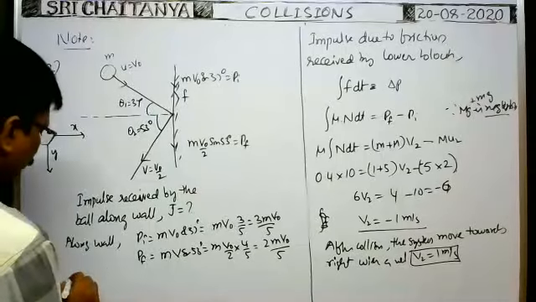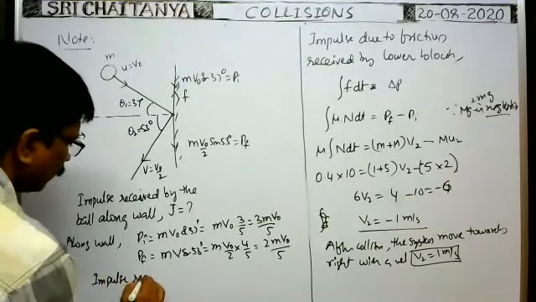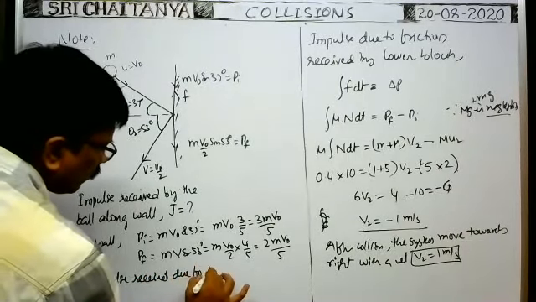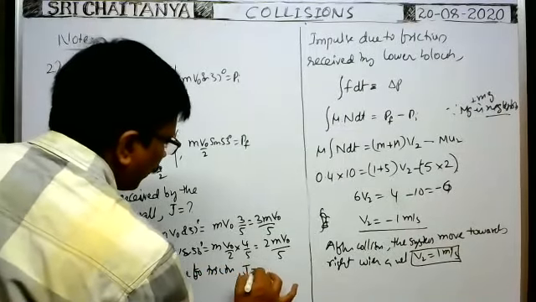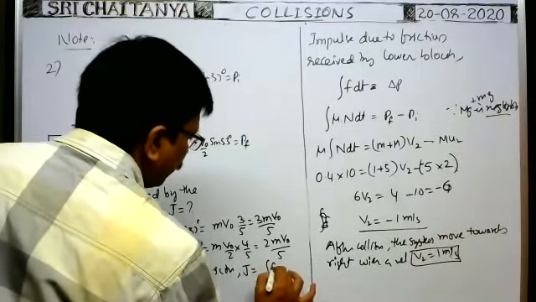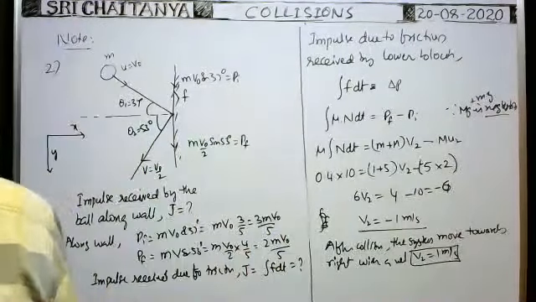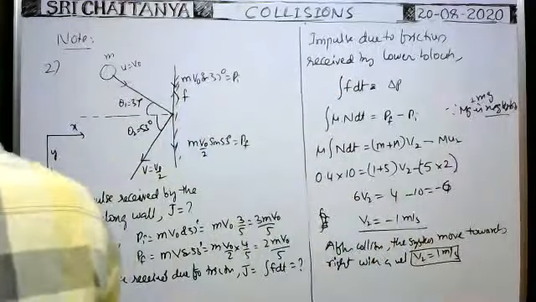So along the wall, the impulse received due to friction, J equal to integral F dt, is equal to question mark.